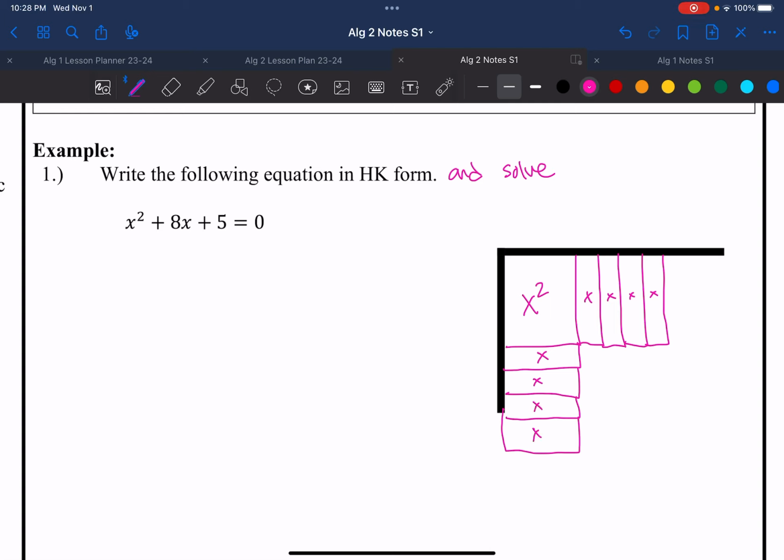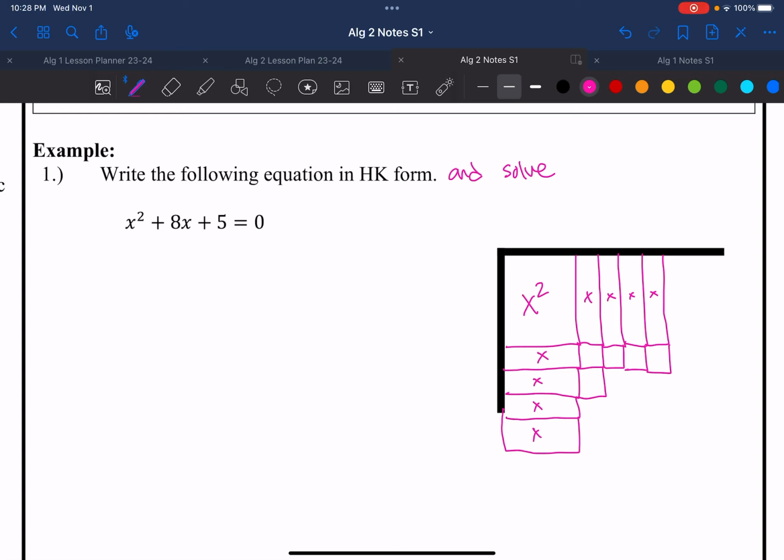What we were doing on Tuesday was trying to see how many would fit in here. But what we're going to do instead is put in whatever amount they give us. They said plus 5, so that's what I'm going to fill in here. I'm going to do 1, 2, 3, 4, 5 of those little squares.